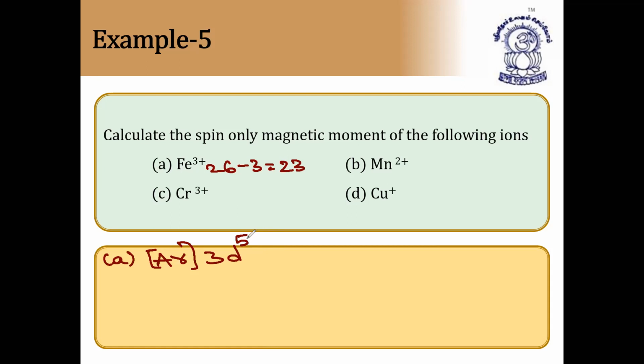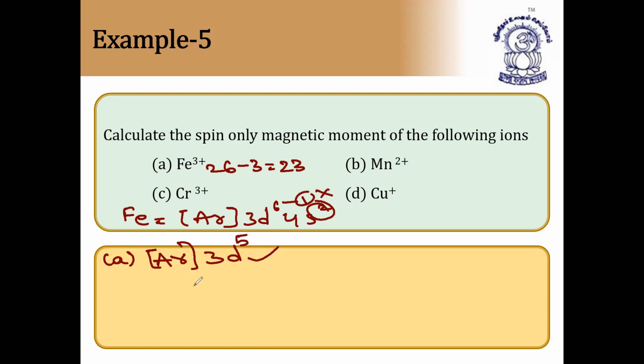But we have removed 2 electrons from the s orbital, because only 2 electrons we can remove from the s orbital, that is 4s. So if you want, I can write that also for you. The actual configuration of Fe is argon 3d6 4s2. Since it is removing 3 electrons, that is 2 from the s orbital and 1 from the d orbital, the final configuration becomes 3d5.